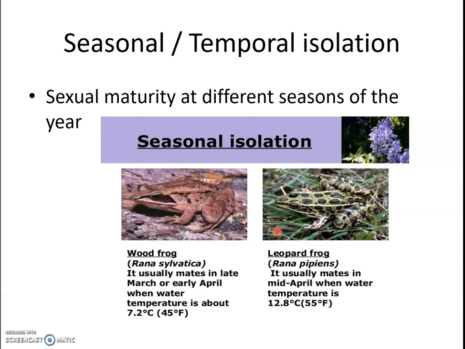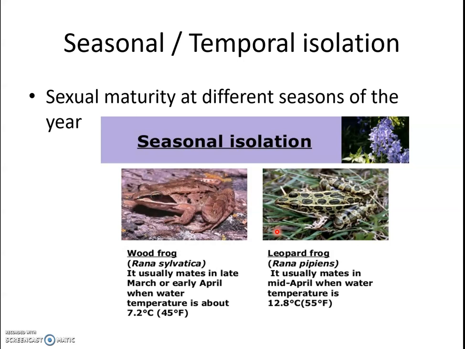They are occupying the same area, but the interbreeding is prevented because Amblystoma tigrinum completes the breeding before the end of March, but Amblystoma maculatum does not start their breeding until the beginning of April. So their breeding seasons are never coinciding, so there is no chance for interbreeding. A lot of examples are there.